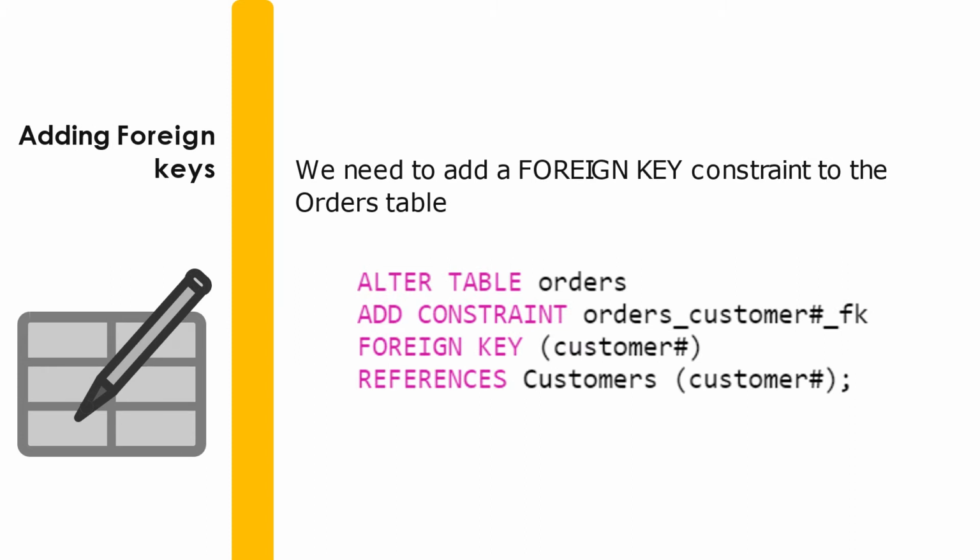If we would like to add a foreign key constraint to the orders table, here is how we're going to do it.